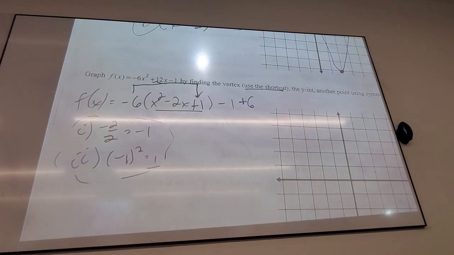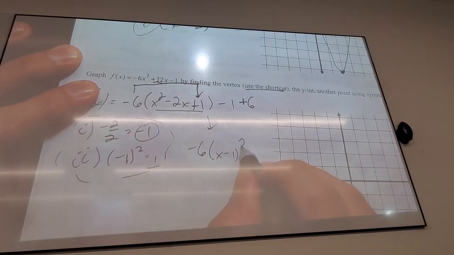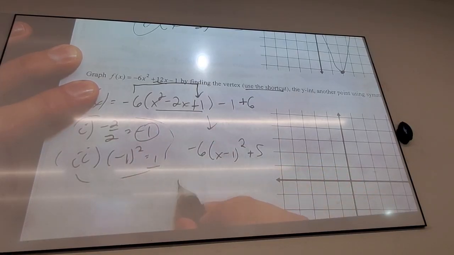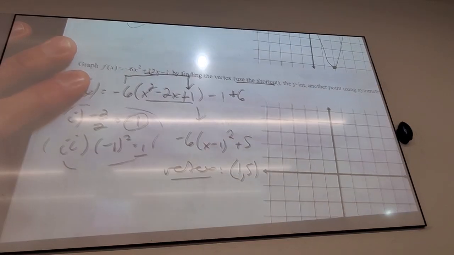So on one level, we just did nothing. On another level, I reorganized this so I can put it in a better form. And the better form tells me what the vertex is, which is great. So then I get -6, and this tells me how to factor this, +5. What's the vertex? 1, 5.